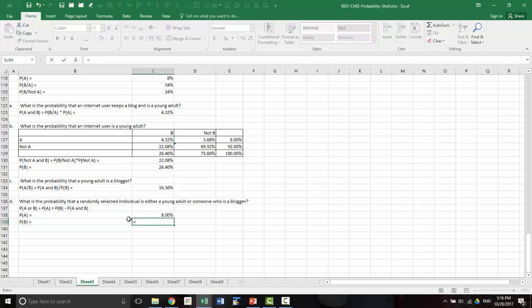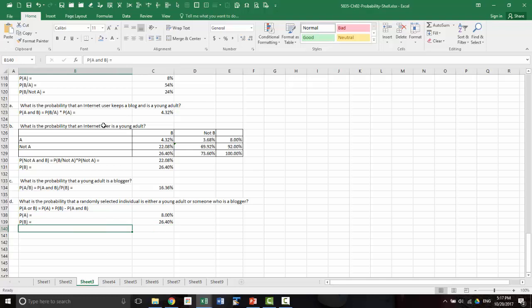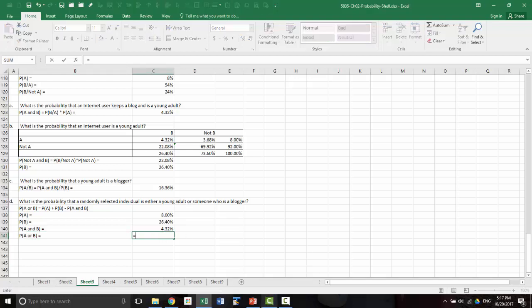Probability of B is from here. And probability of A and B is there. Now we can apply the addition rule. Probability of A or B is probability of A plus probability of B minus probability of A and B.